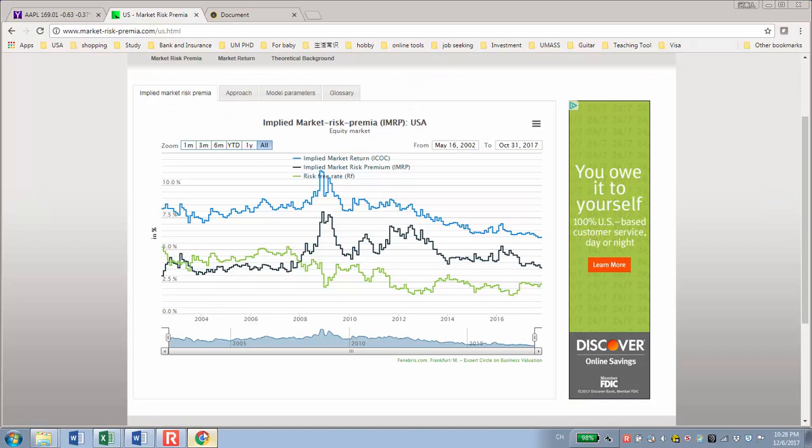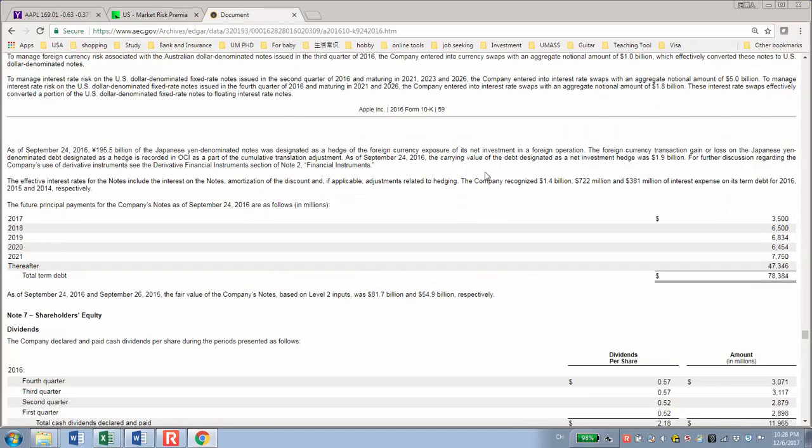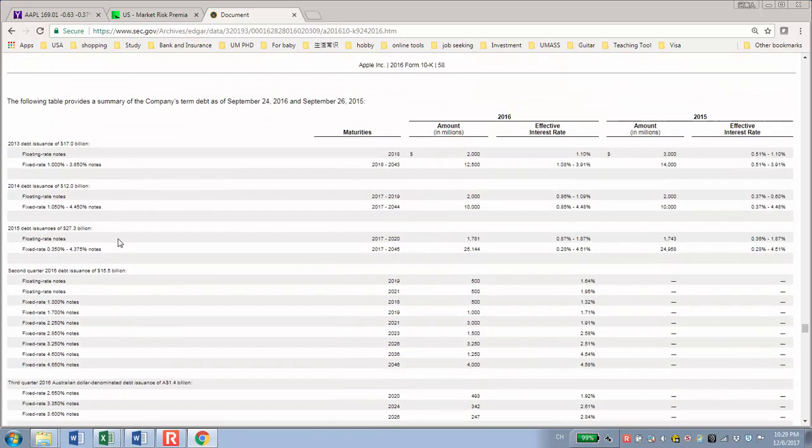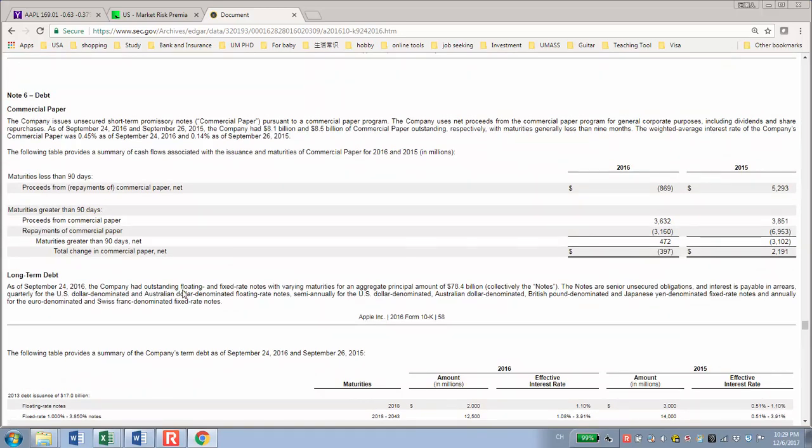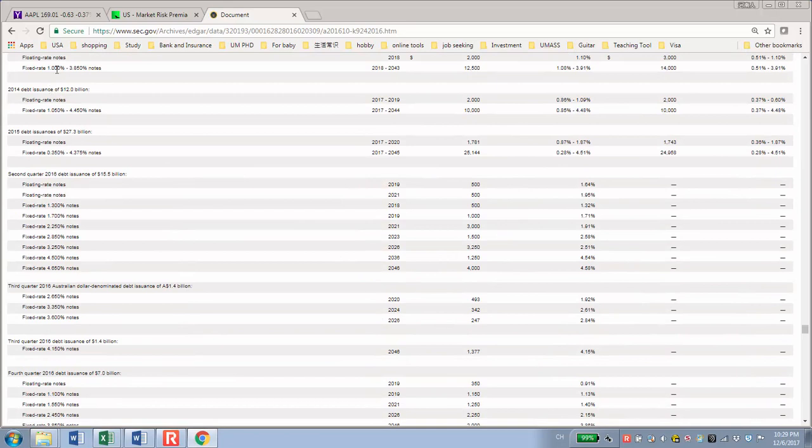We go to Apple's 10-K form, and in note 6, long-term debt, we find Apple actually borrowed a lot, with a different interest rate on each debt.